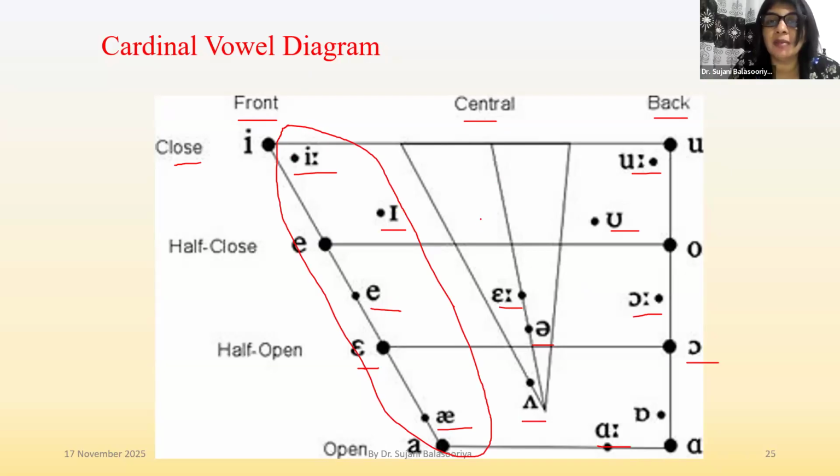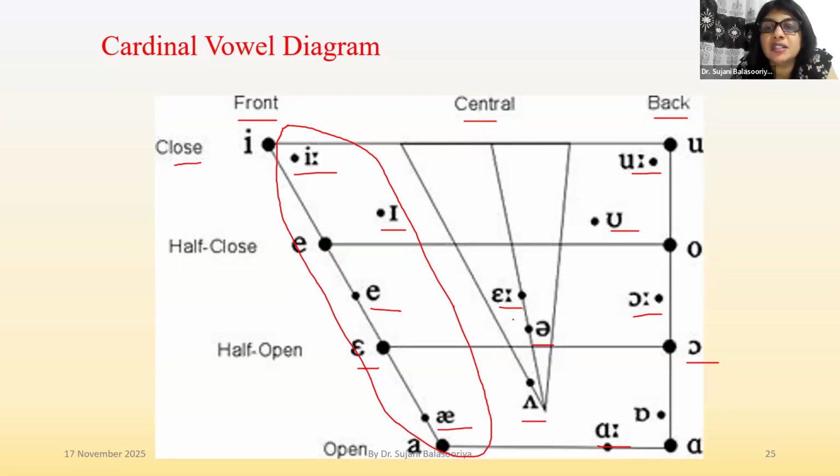And then what about this? Central. Central vowels are the vowels that are produced with a slight movement of the middle part of the tongue. Middle part means here central. Center is the middle. Okay, you can of course pronounce these vowel sounds and feel it by yourselves, right? You can switch off your mics and produce these vowel sounds loudly.